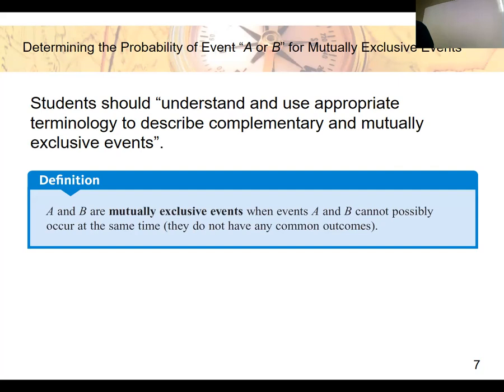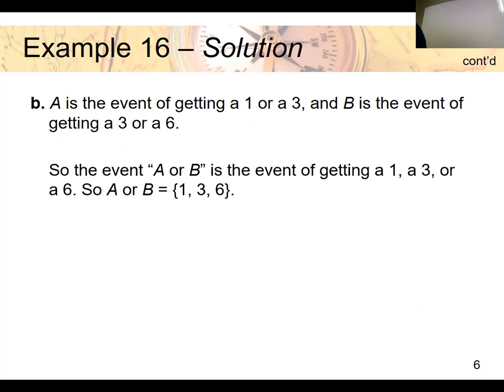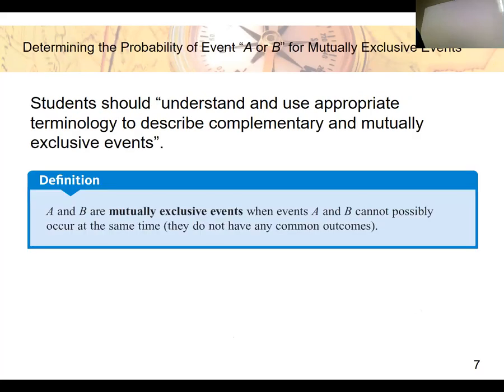So if I go back to part A in this case, pretty much you can see that A and B have no elements in common. However, in part B, you'll see that there is one element in common. That's the number 3. So in part A, that would be considered mutually exclusive. And in part B, it's not mutually exclusive.